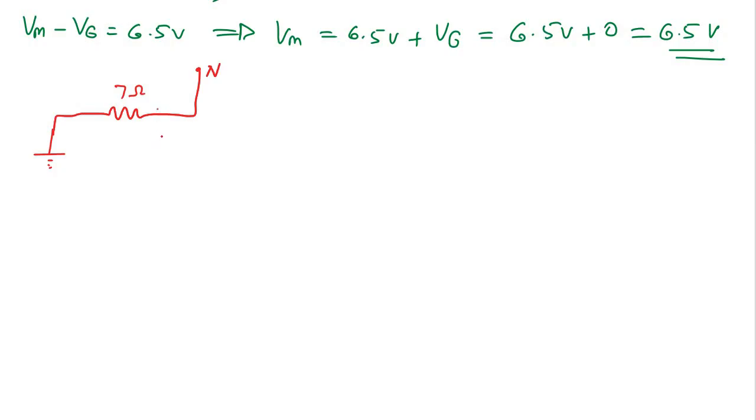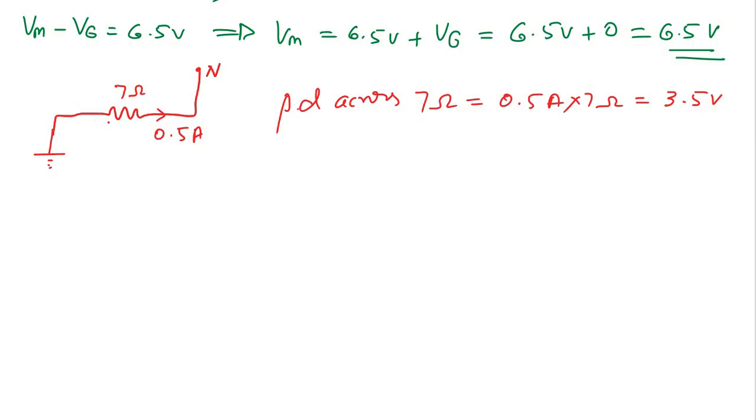The current flowing is 0.5 amps here according to our calculation, but in reality it is something different. We'll say it later. So 0.5 amps. What is the potential drop across the 7 ohm? It is 0.5 amps multiplied by 7 ohm, which is 3.5 volt.